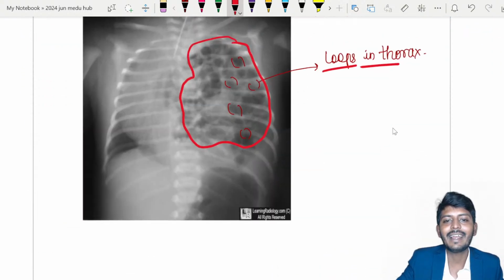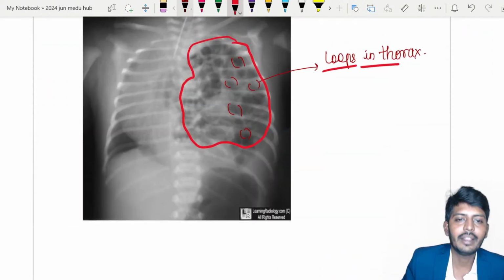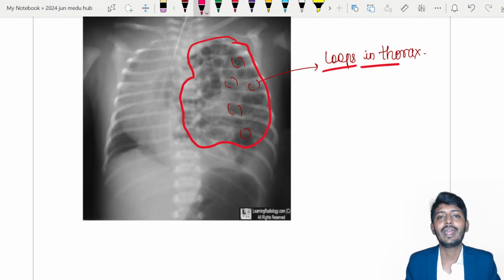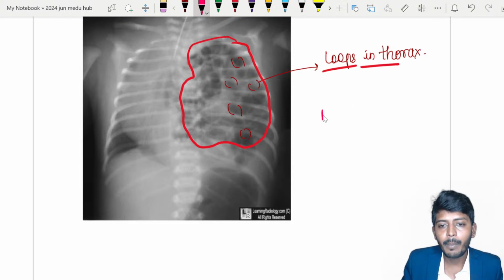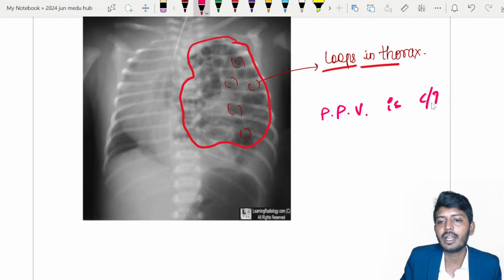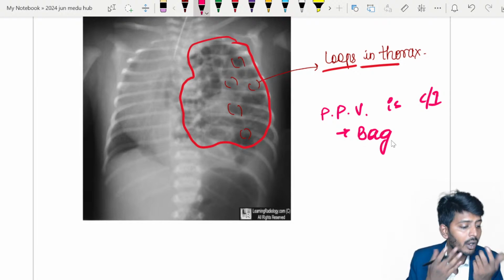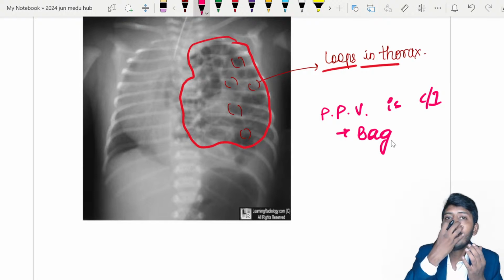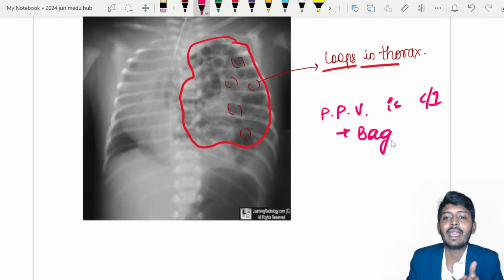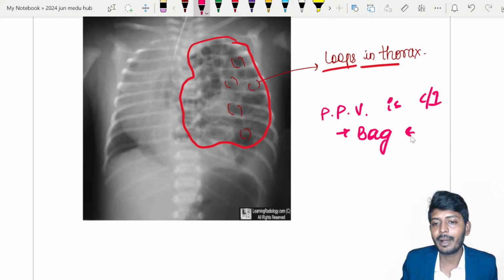So if the patient has a congenital diaphragmatic hernia, the question we will encounter, my dear students, is this: in these patients, remember, positive pressure ventilation is contraindicated, such as bag and mask ventilation also. You might think that immediately after birth oxygen is very important, so we will put a mask and start to pump air.